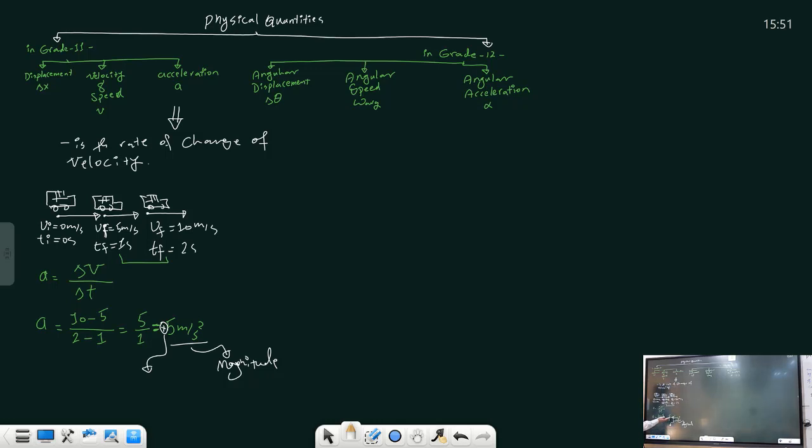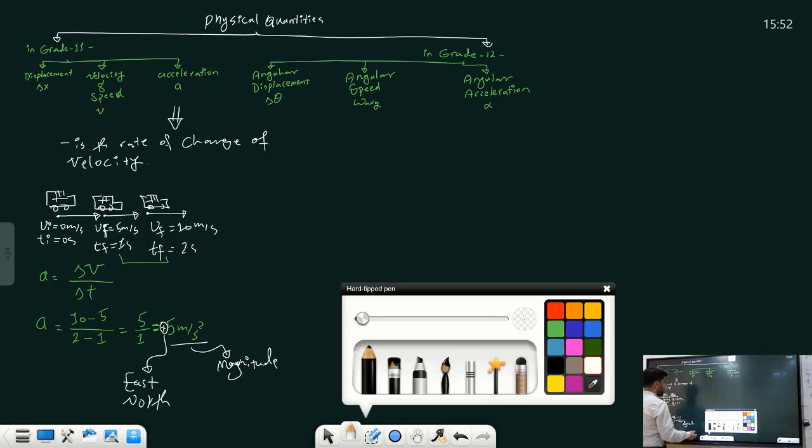We can say that the object is being accelerated, and it's moving to the east, or it can be to the north. And if it was negative, it shows that the object moves to the south or west.